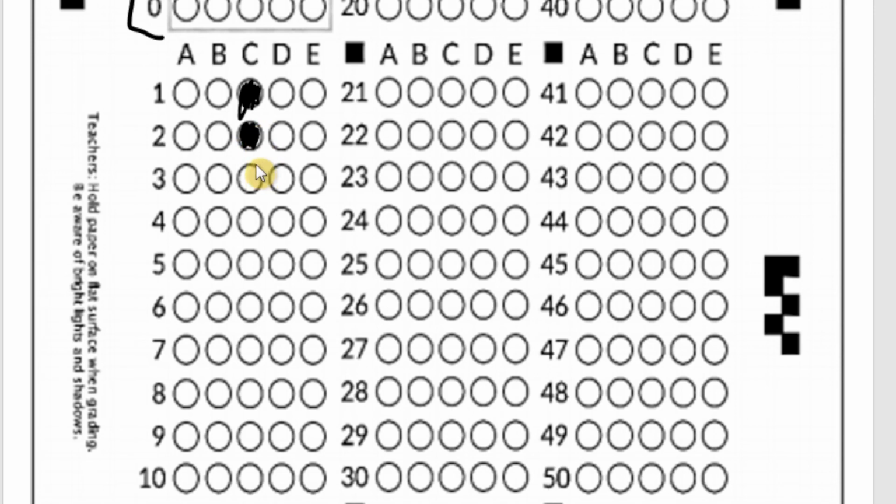Take note with that. 3 is also C. 4 is D. 5 is C. And 6 is D. So this is how we do it. This must be done all throughout from the given items that your subject teacher in math or other subjects will share to you, the assessment test.